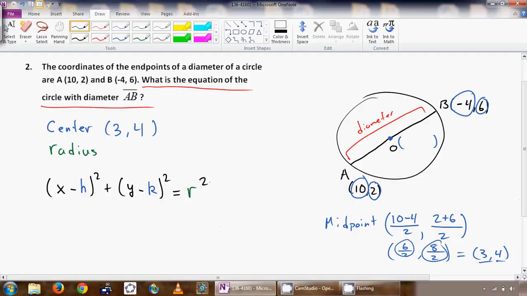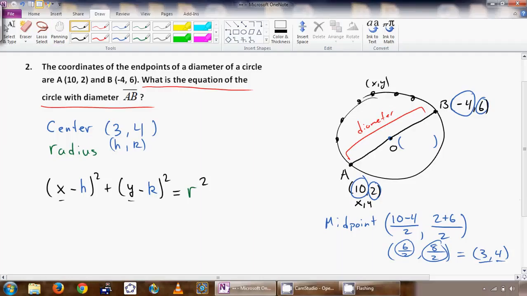So h and k represent the center in this equation. x and y represent all the points on my circle. Since there's an infinite amount of points, when we write out the equation, we leave them as variables. But realize that any point that I know on my circle, I can use in the equation for x and y. So I have 2 points I know, A and B.